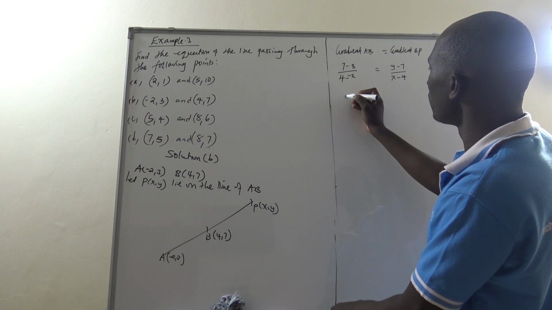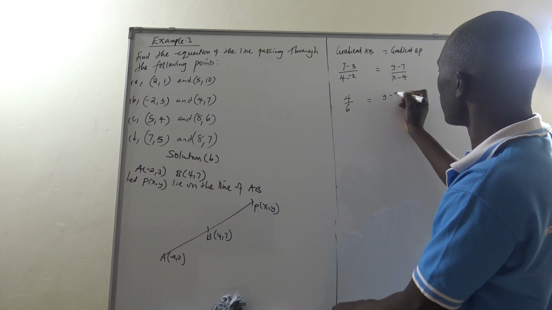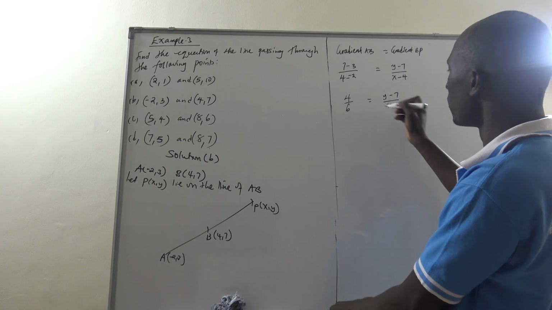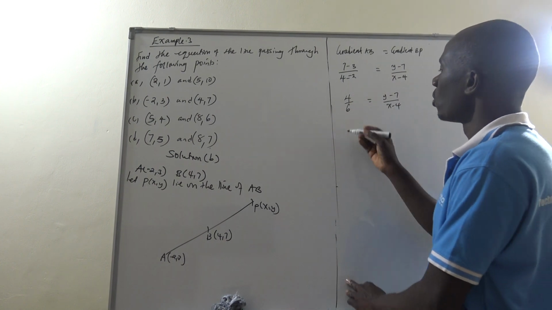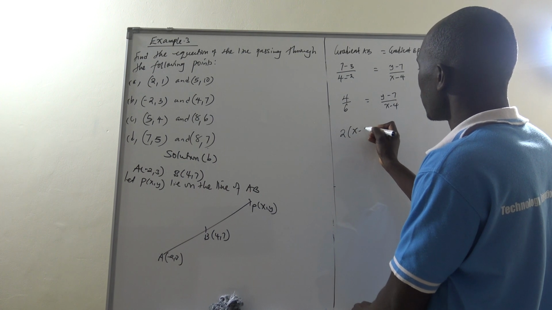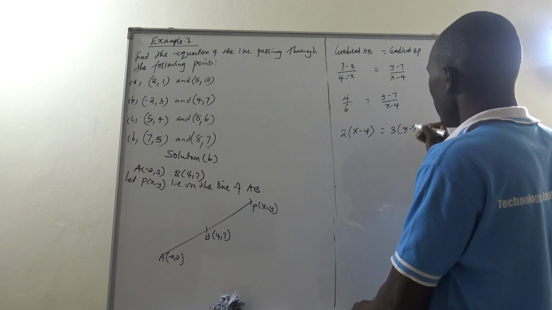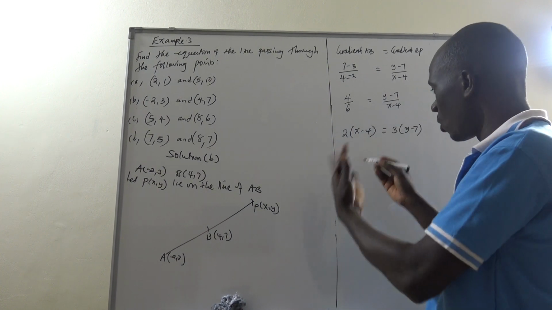So this becomes 4 over 6, which is y minus 7 over x minus 4. We can still reduce by 2, and when we cross multiply, we get 2 into x minus 4 equals 3 into y minus 7.